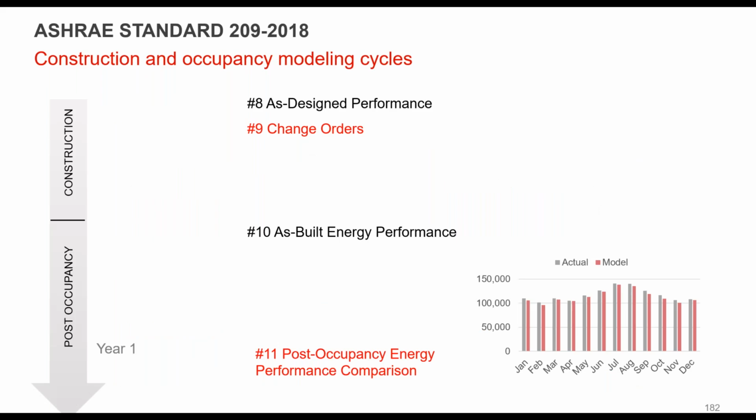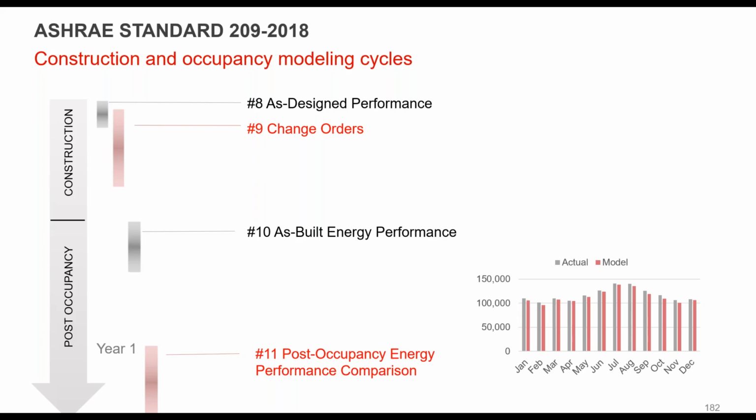For construction and occupancy modeling cycles, we have as designed, change orders, as built energy performance, and post occupancy. And yes, I have seen change orders in construction documents on a project where, for example, they wanted to compare different chillers, and chiller manufacturers had to provide curves for their specific cases.